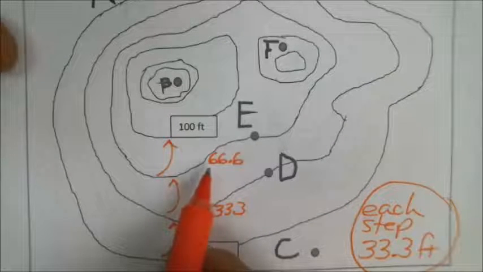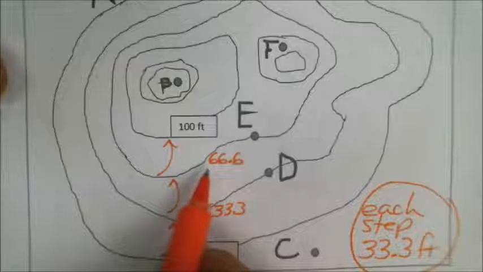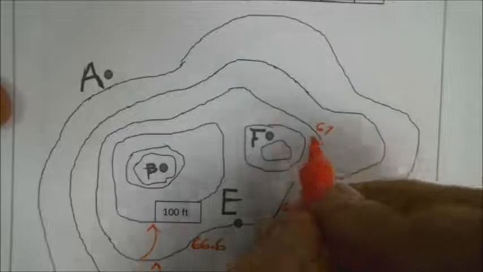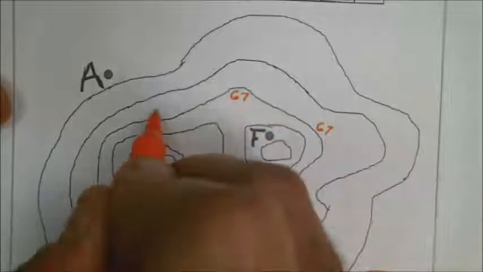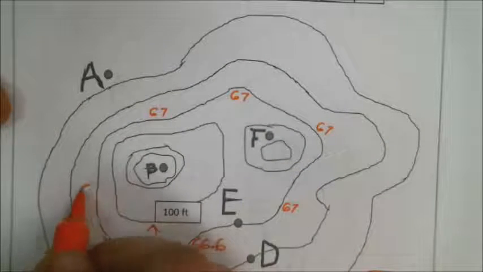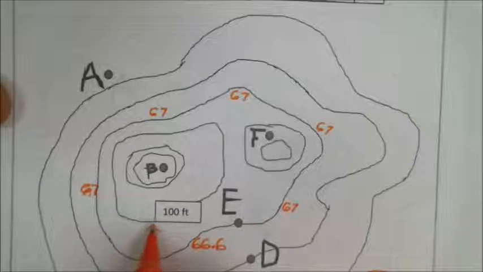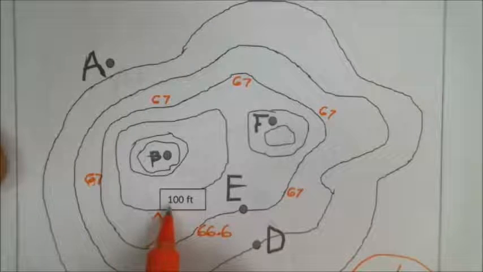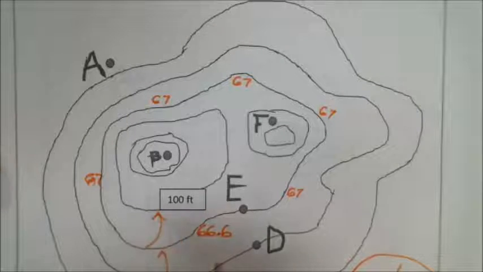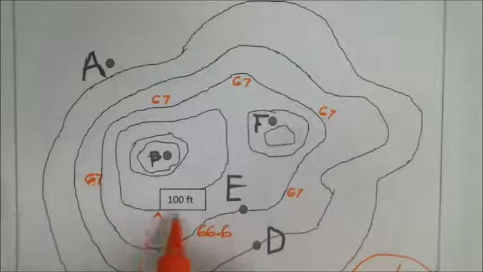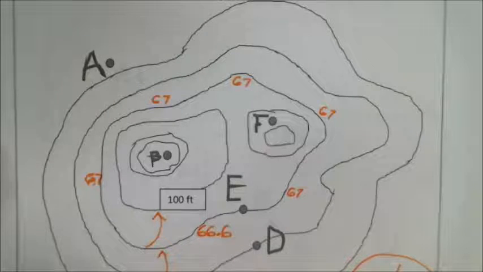If you wanted to round that to just simply 67, that's fine. So let's write 67 all over the place here. Okay, and then we go one more step of another 33.3, and we end up at the 100. It's actually like 99.9 or whatever, but we'll just call it even 100.